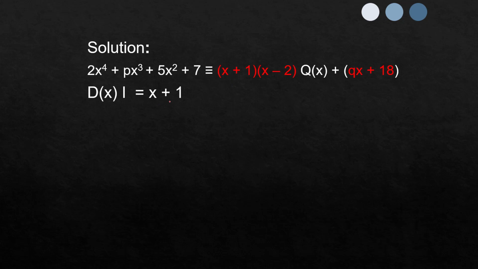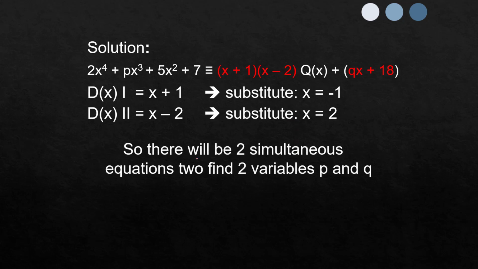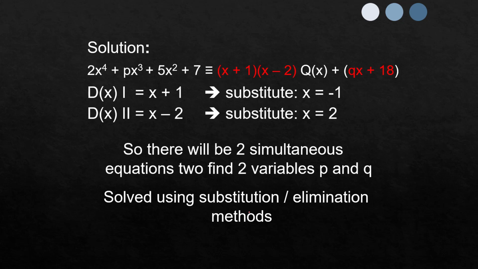For the first, the zero of x + 1, we substitute x = -1. And for the second divisor x - 2, we will substitute x = 2. Then there will be two simultaneous equations to find the two variables p and q. Let's see how to solve it using substitution and elimination.